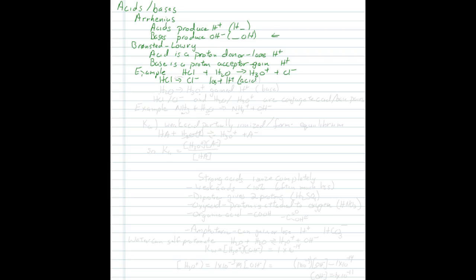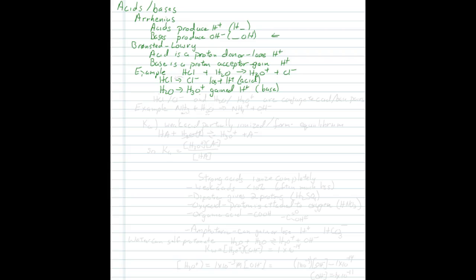Therefore it must be the acid. The water, on the other hand, goes to H3O plus, the hydronium ion. It has gained an H plus. It's one more H and it's turned positive.